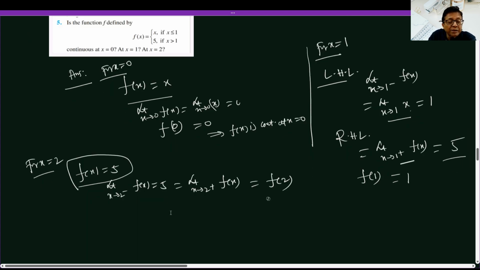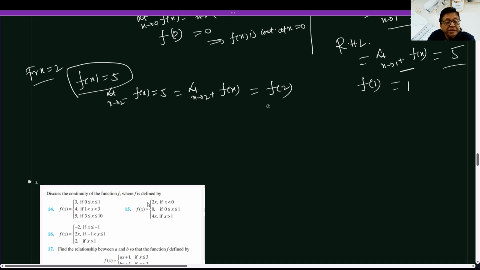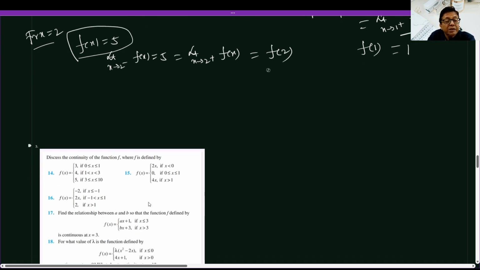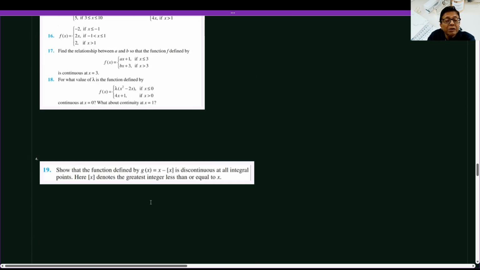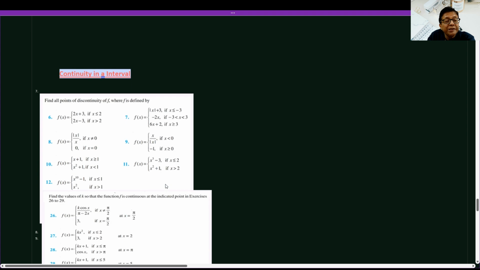We are discussing continuity at a point. We have just done continuity at a point. Here, they have asked you to calculate the overall continuity of the function. So it is better to say we have to check continuity in the interval.